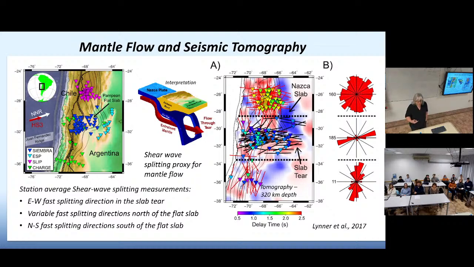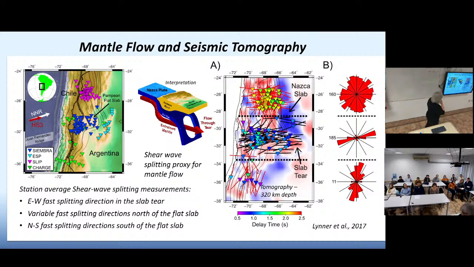And so a lot of people use that, and we can measure a fast and slow direction for S waves, especially SKS phases, and in the upper mantle where there's a lot of olivine. And if there's asthenosphere in the region, like here, then we think it's probably a proxy for mantle flow. Now, we don't know if it's going this way or this way. We can just get an orientation, an azimuth.